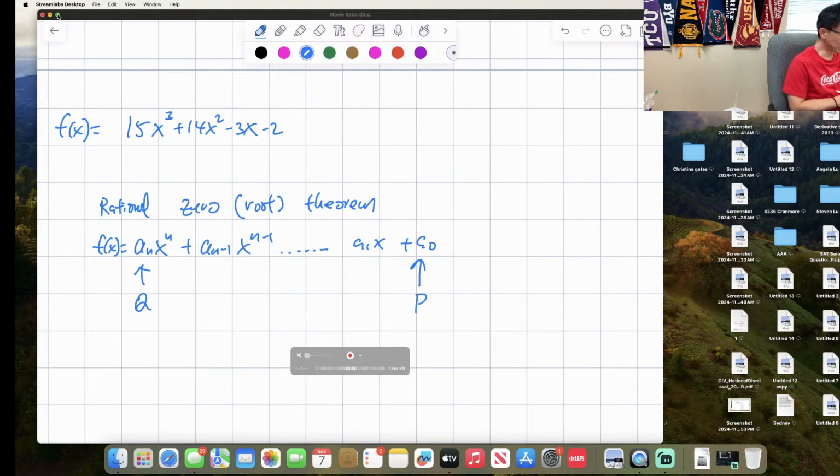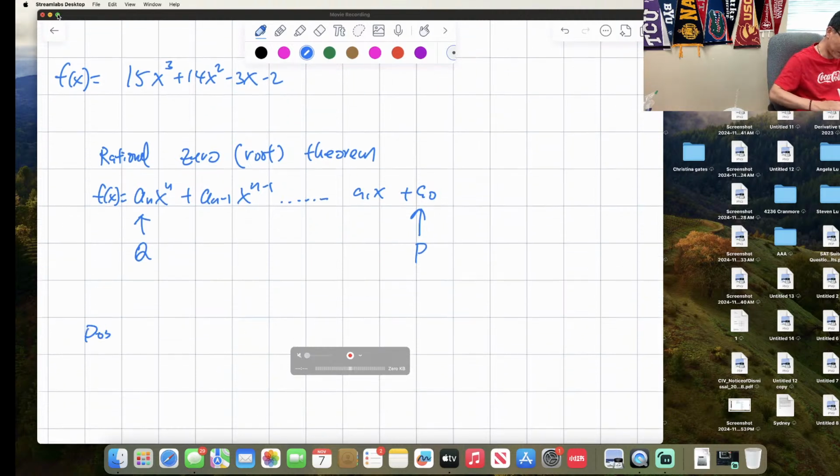So how do I know there's a zero? The possible zeros are located in the factors of p over the factors of q.